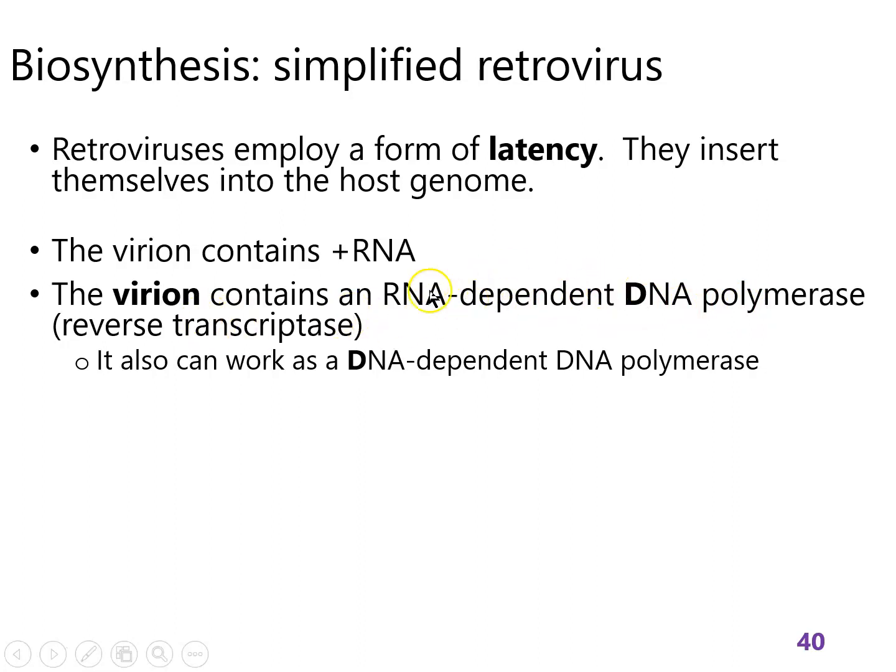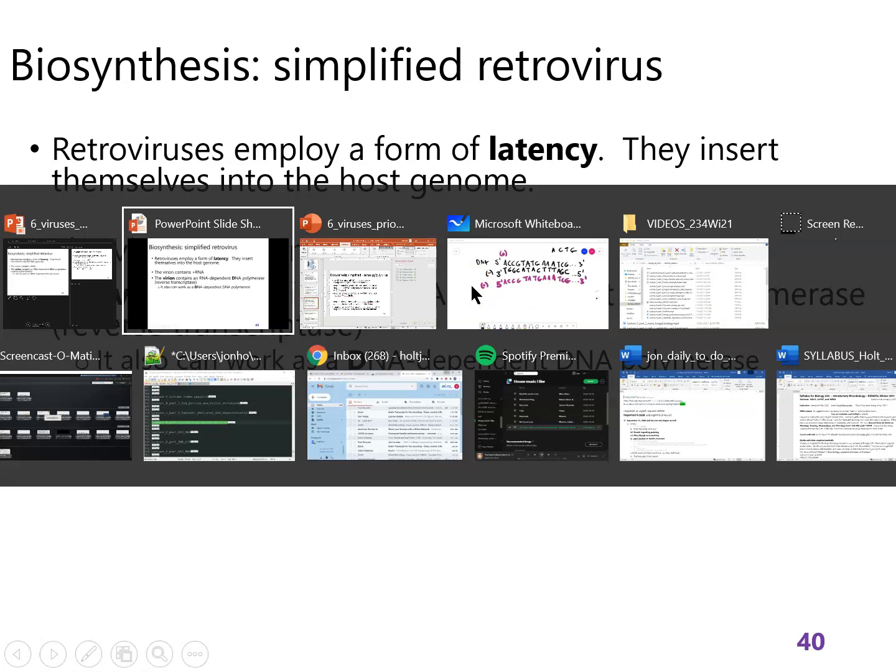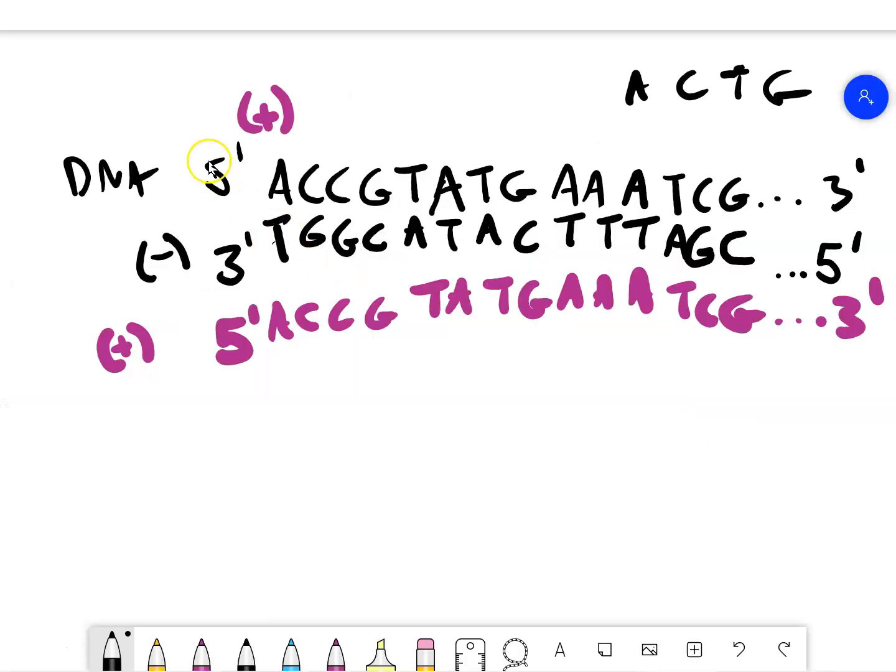So reverse transcriptases do this. They take the viral genome and they make DNA copies of it. But remember what I showed you here. Let's say that this was reverse transcriptase, and this were the RNA sequence in the genome.